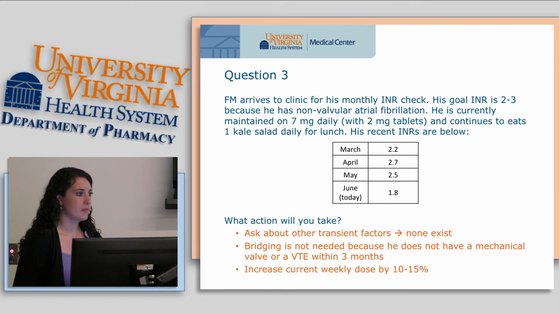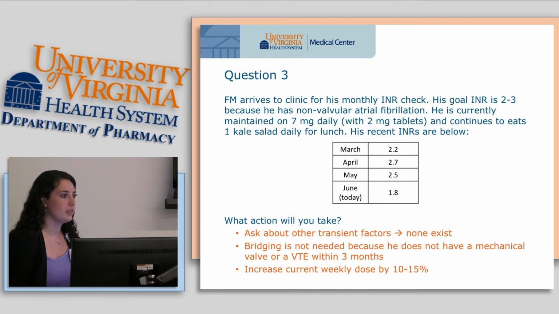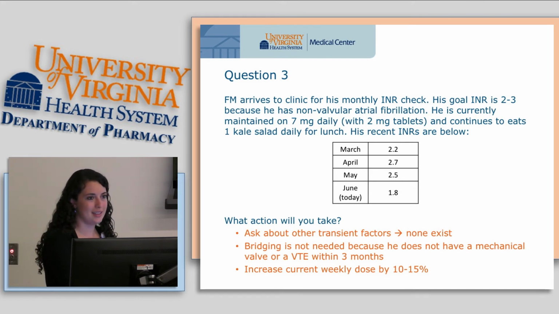If he said that I might not eat a salad every day, then it would be based on the transient, that it would be a transient event since he did it for a week. So if it was a day he didn't eat it, then you might think his INR would be higher instead of lower, and so then that answer might not be right.